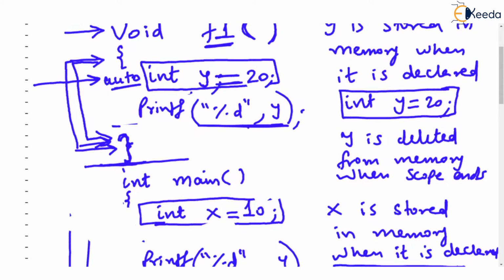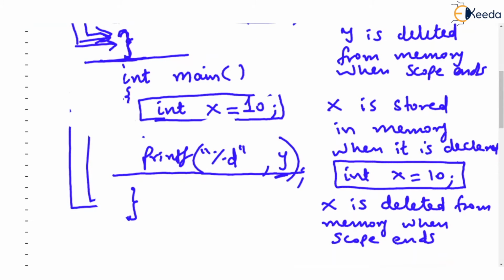Okay, come back to main now. Do you see a variable declared within the scope, within the pair of brace open and brace close? Yes. It is int x equal to 10. Then such variables have auto storage class. Please try to understand. Auto variables or auto storage class variables are variables which are declared within the scope.